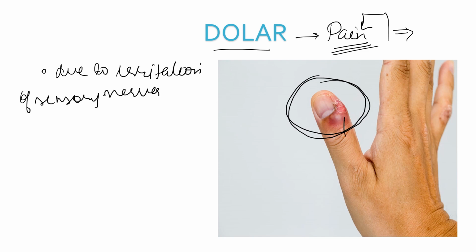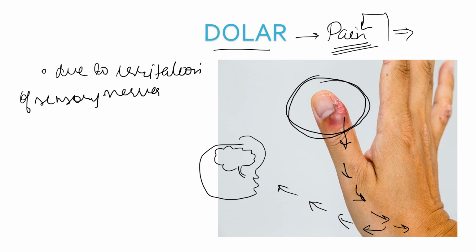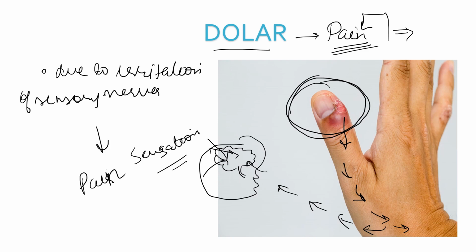which is transferred from the inflamed part through the nerves till it reaches our brain, and the moment it reaches our brain, it senses pain and we feel a reaction to the inflammation part, a pain sensation.